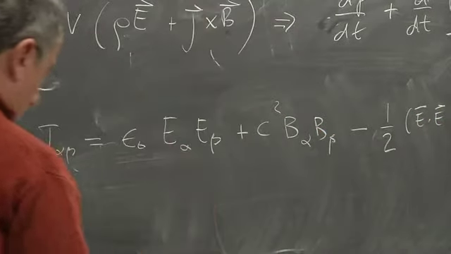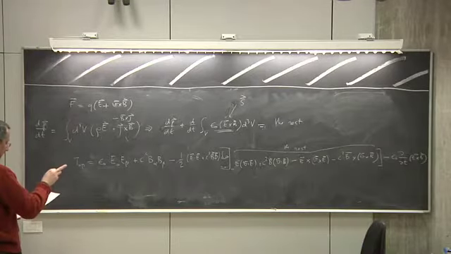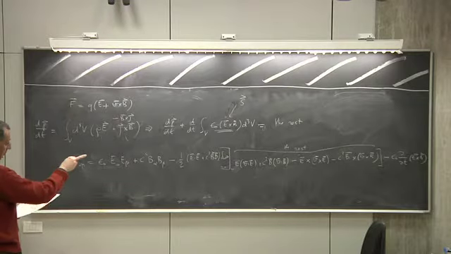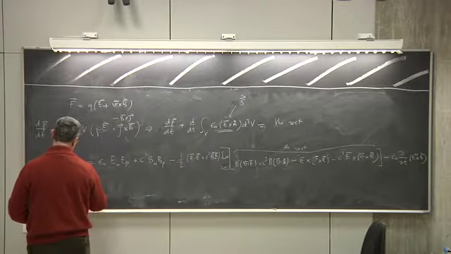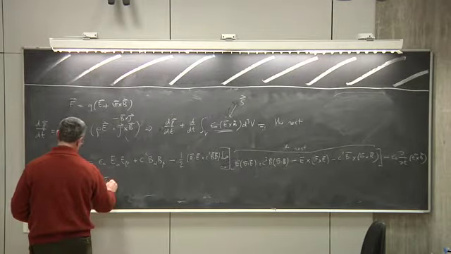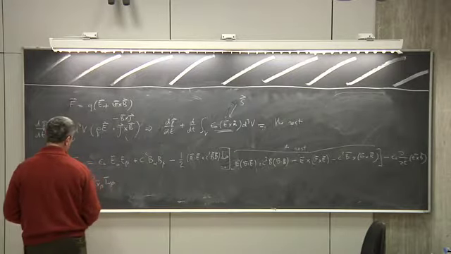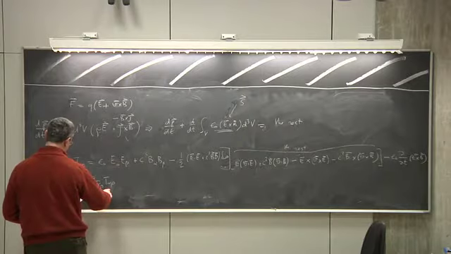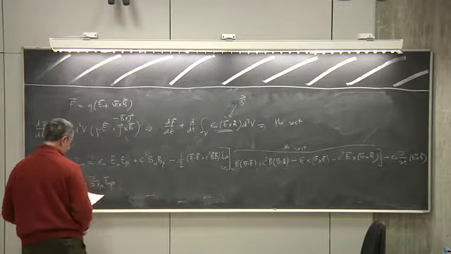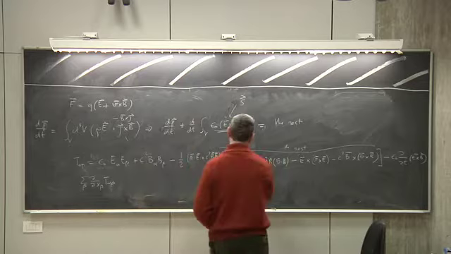Consider this tensor. Then if you take the derivative, if you take the sum over beta of the derivative with respect to x beta of this tensor, okay, this is exactly what you have here.